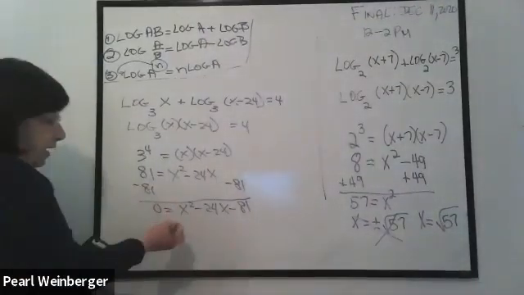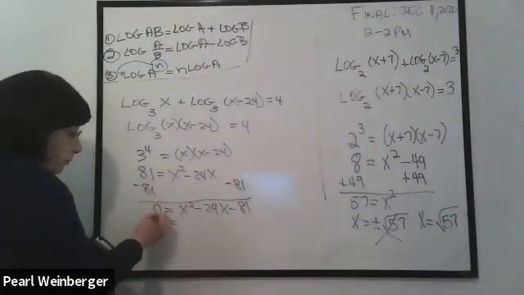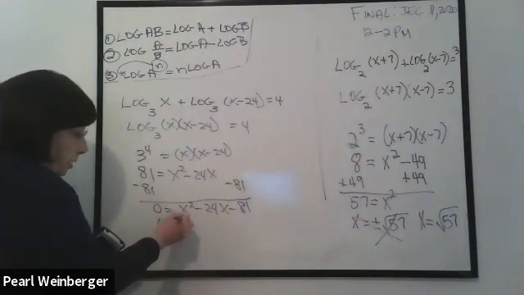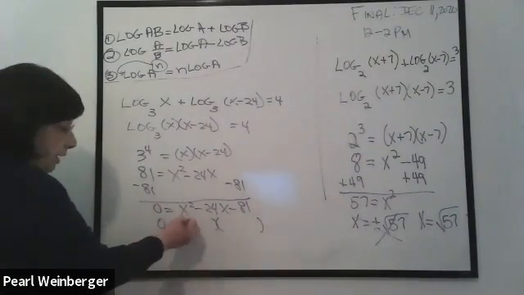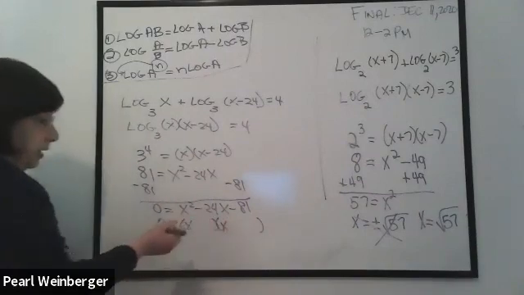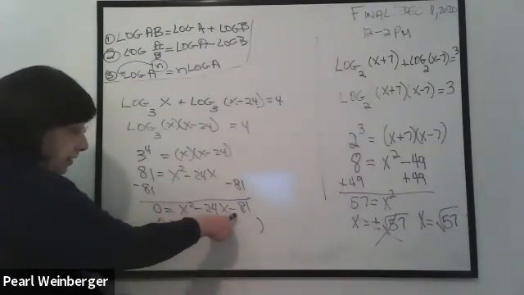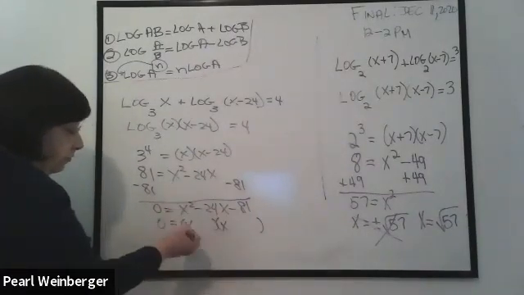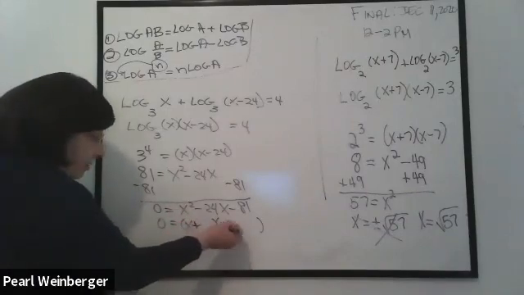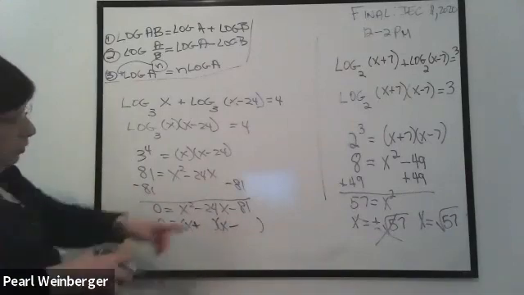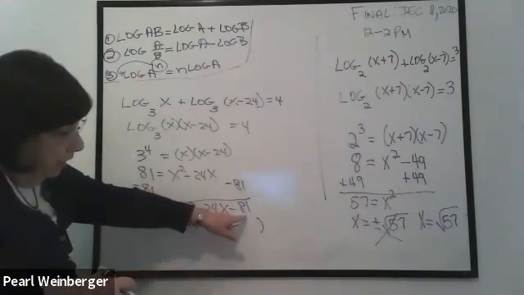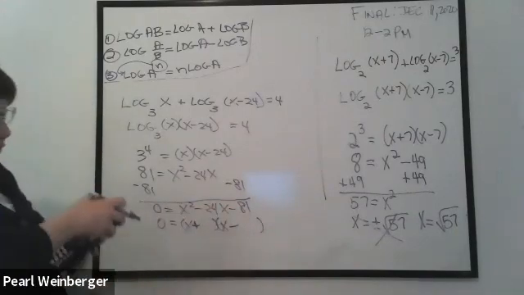And now I want to factor this. So here are my two parentheses. Hopefully I can factor it. It's going to be x and x. And since my final number is negative, one's going to be positive and one's going to be negative. And we need two numbers that when we multiply them, give me 81, but when I subtract them, they give me 24.